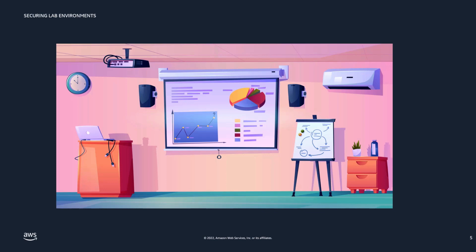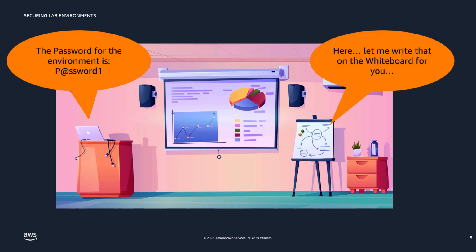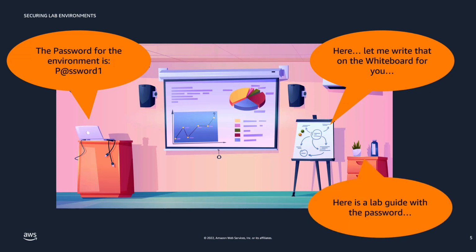And then the instructor says, the password for this environment is password 1. Maybe they offer to write it down on a whiteboard. Maybe they hand out sticky notes or pieces of paper that are lab guides, for example, with the password written on it. Maybe they put the password into a chat window of the video conference software.